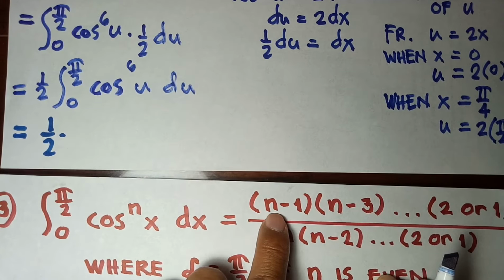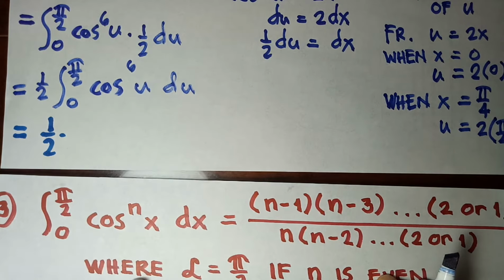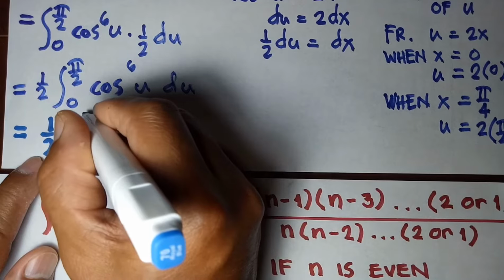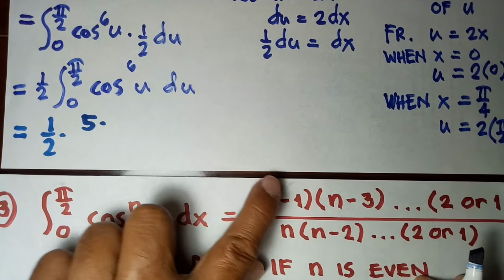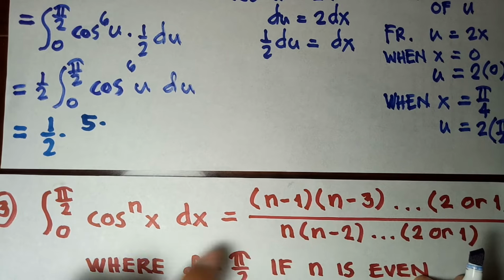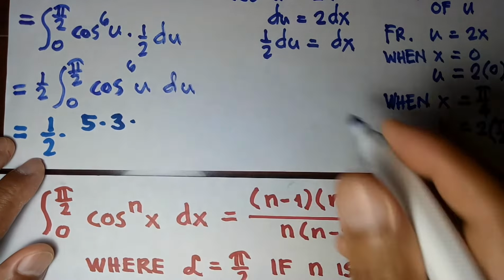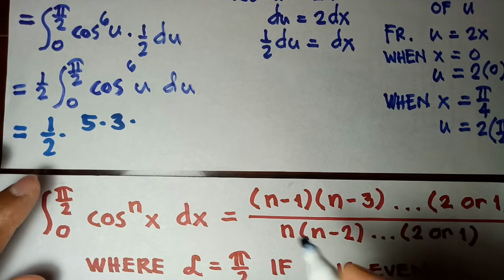So, meron tayong n minus 1. So, yung n natin ay 6. So, 6 minus 1 equals 5. Ang kasunod, 6 minus 3, 6 minus 3 equals 3. Ang kasunod, 6 minus 5, at ang 6 minus 5 ay 1.